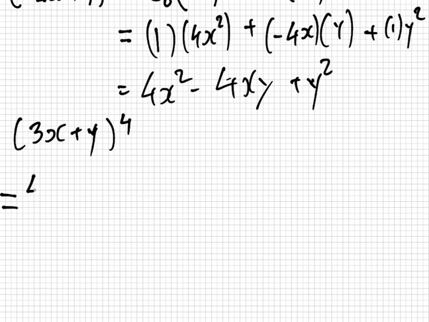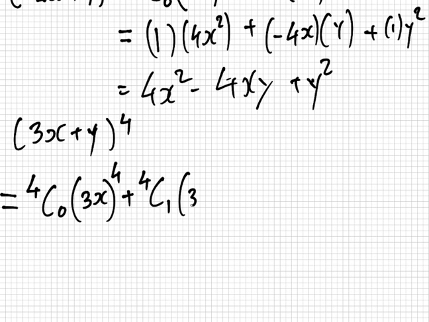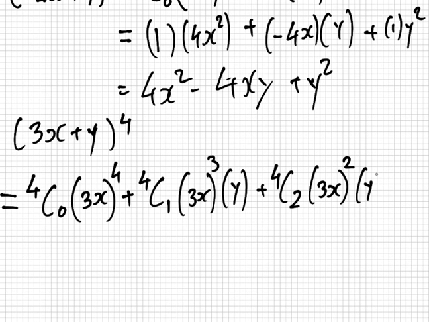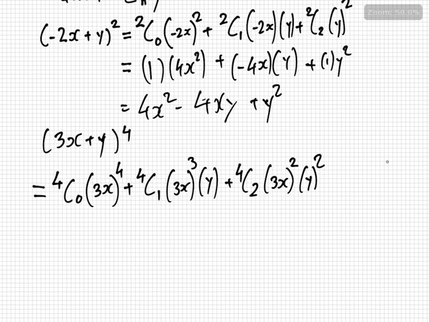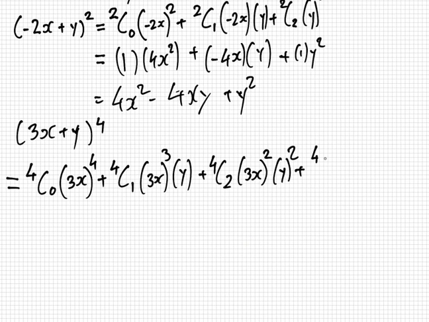So we start off with 4C0 (3x) power 4, plus 4C1 (3x) power 3 y, plus 4C2 (3x) squared y squared, and then finishing with 4C3 (3x) y cubed, and then finishing up at the end here with 4C4 y^4.